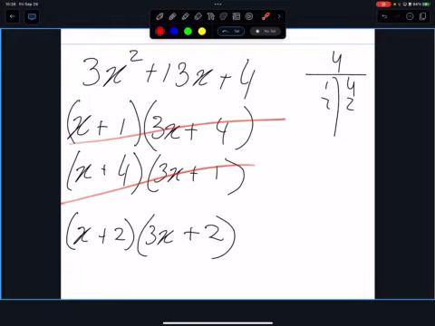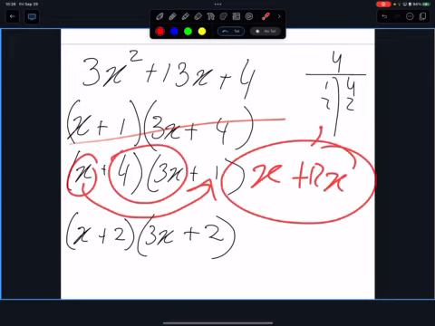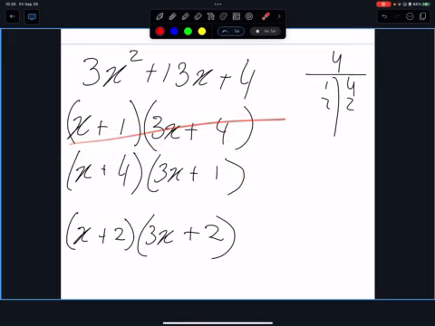One second. Oh yes, x times 1 is x, plus 12x. You get 13x. This is the answer. Yes, this is.